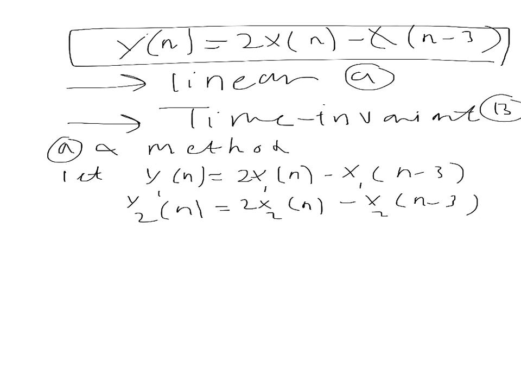Let them be the system outputs of the arbitrary inputs x1 and x2 of n. Then with x3 of n equals alpha 1 x1 of n plus alpha 2 x2 of n.